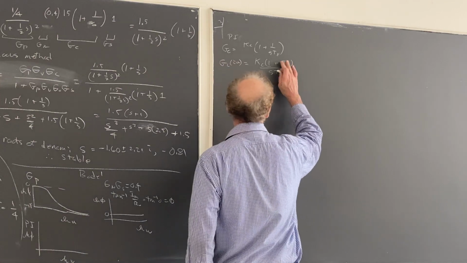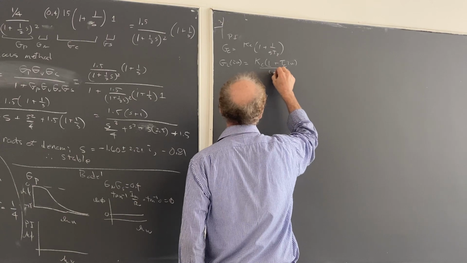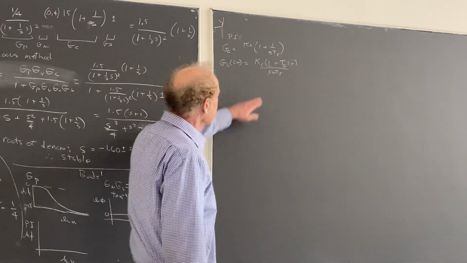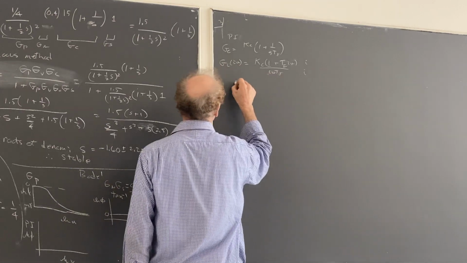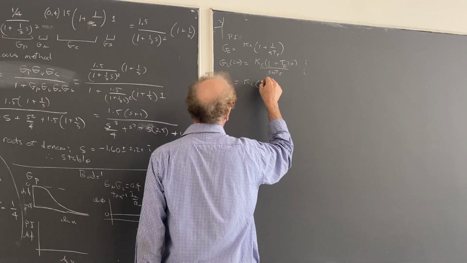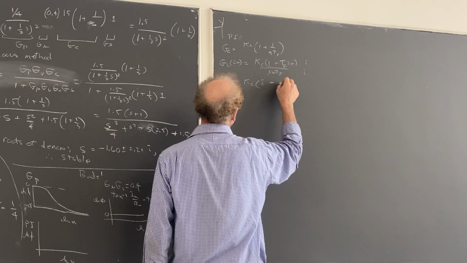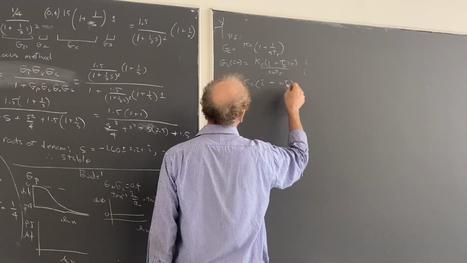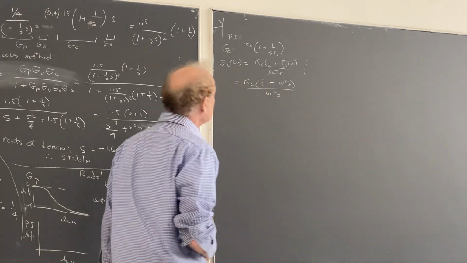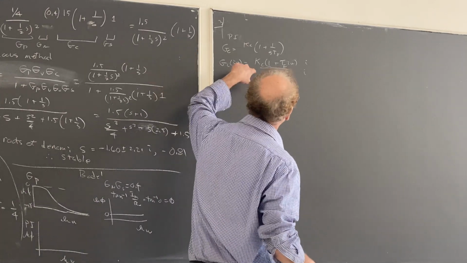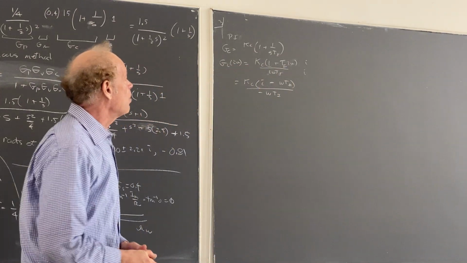And when I write this as i omega, I want to get the i out of the denominator. So I multiply top and bottom by i. And if I do that, I have KC times i plus, well, i times i is minus 1, so I have minus omega tau I, divided by omega tau I. And of course, here I have i squared, so I have another minus 1. So this becomes a minus here. And now I rewrite that.